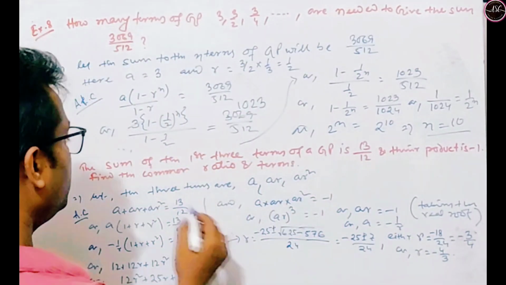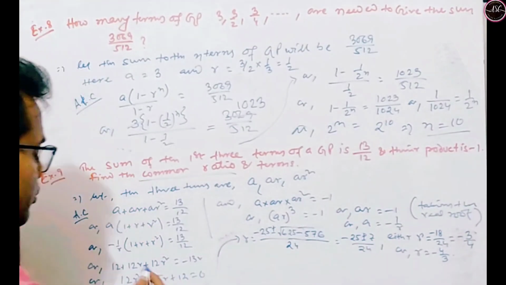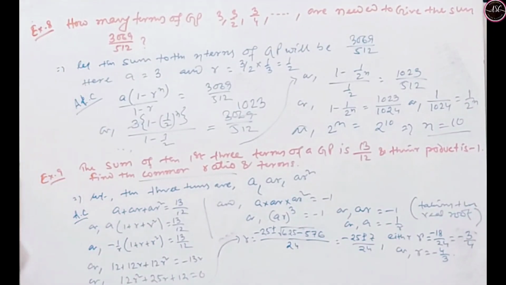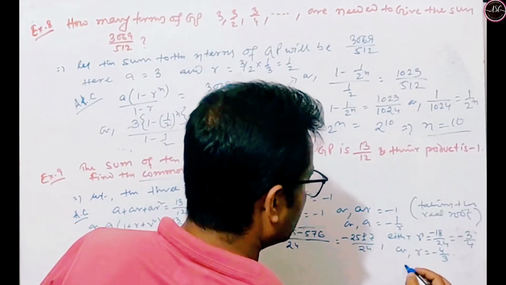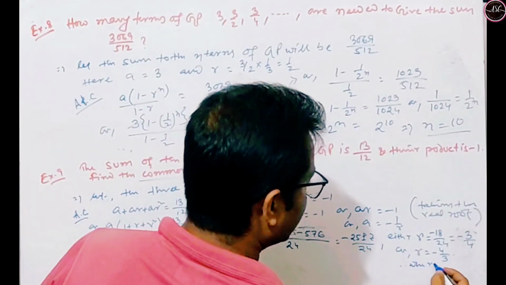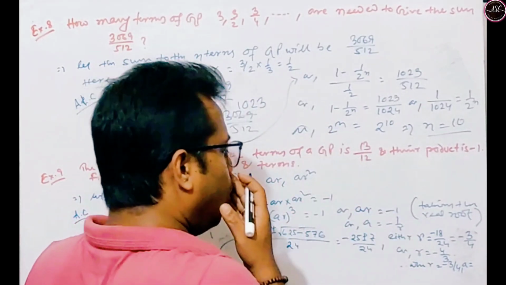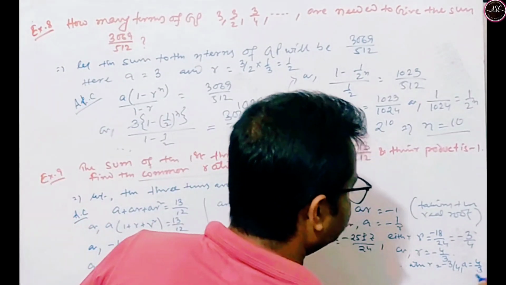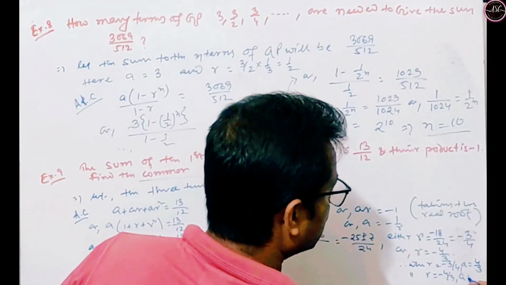Okay, so we got the common ratio, and now we have to find the A. Here A equals minus 1 by R. So when R equals minus 3 by 4, A equals 4 by 3, and when R equals minus 4 by 3, A equals 3 by 4.